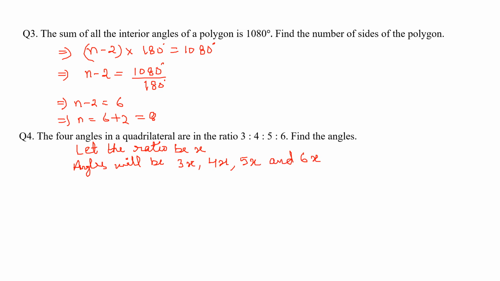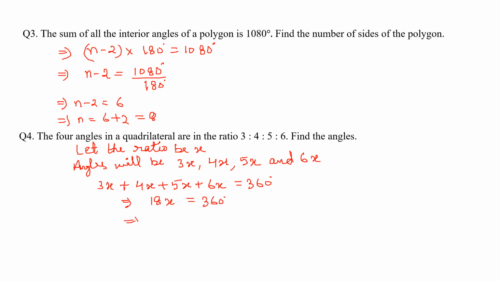As this is a quadrilateral, we know that the sum of all the four angles is 360 degrees. So we are going to use that property: 3x plus 4x plus 5x plus 6x equal to 360 degrees. So what is the sum of 3x plus 4x plus 5x plus 6x? This will give you 18x equal to 360 degrees.